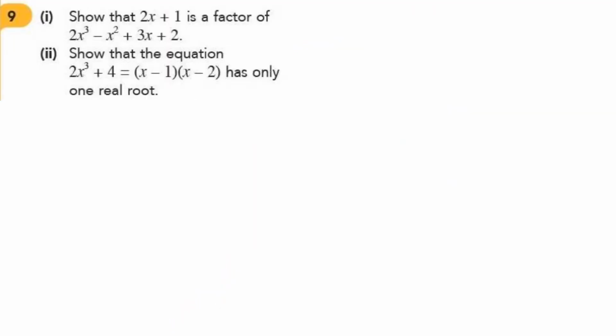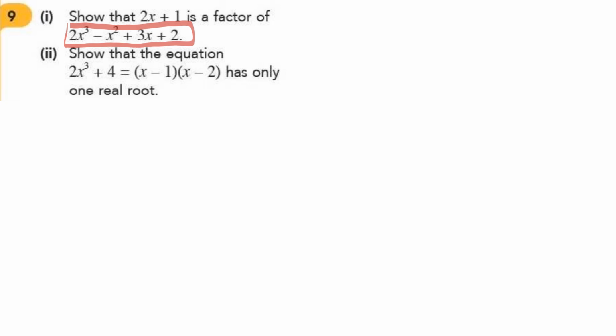Alright, so let's look at 9, part 1. Show that 2x plus 1 is a factor. Alright, so to show something is a factor means to show that the polynomial we're given has no remainder. If it's a factor, it means the remainder is 0. So we need to show that the remainder is 0.